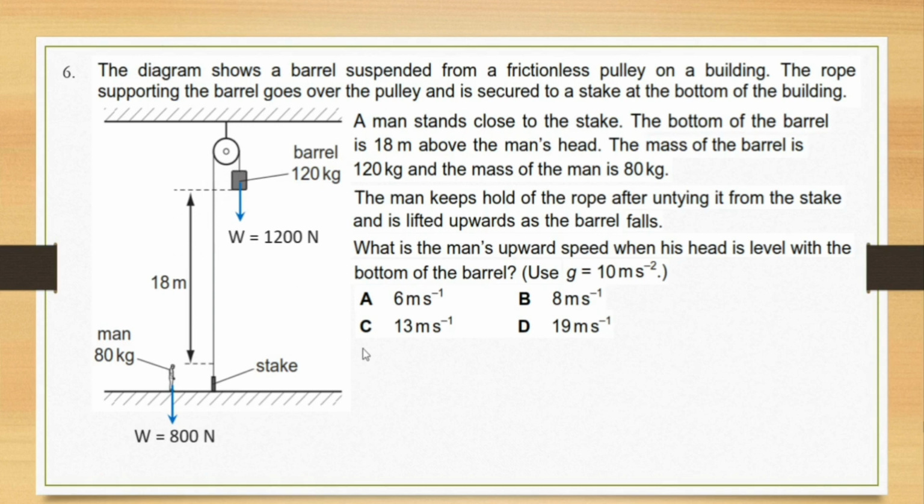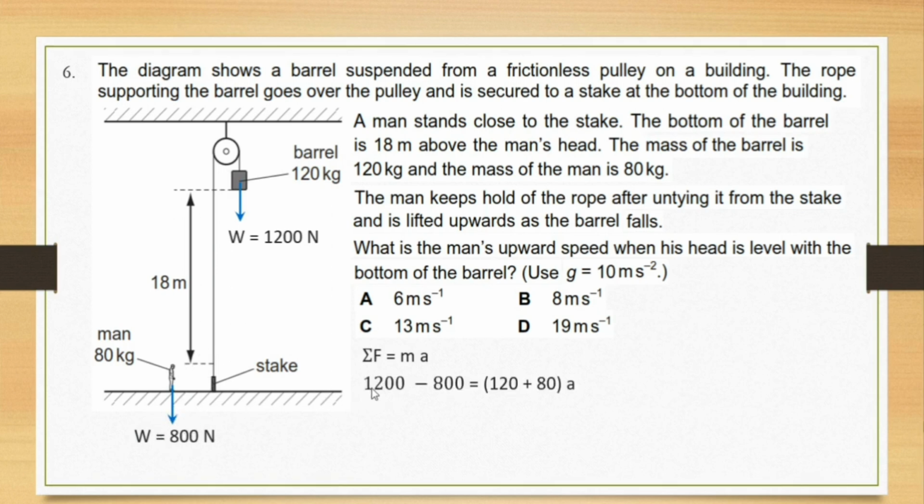So we can use the resultant of forces equals mass times acceleration. The resultant of forces will be due to the weight of the barrel, minus tension plus tension minus tension plus tension here, and minus 800.